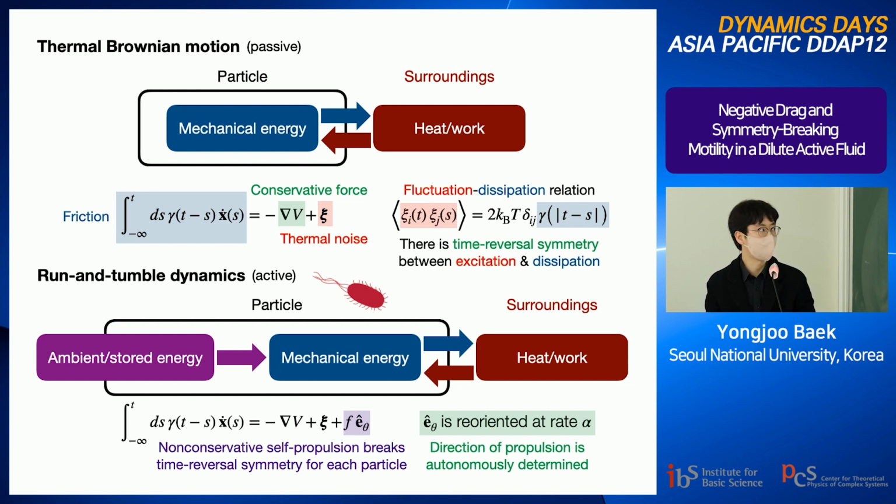For example, this E. coli has this oblong shape and it can always propel along this axis. And of course, it requires some time to change the orientation. So compared to thermal Brownian motion, where the scale of reorientation is comparable to the scale of thermal collisions, for this active particle the way you turn your direction is bound to be usually much slower than this thermal time scale.